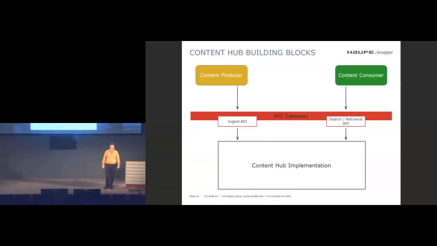So, given all this background in our strategy, we said, okay, we need a content hub. From the 10,000 meter view, what do we have? There's always a content producer. There's always a content consumer. Otherwise, it's pointless. Somewhere is an implementation. And then we will put a gateway in between that acts more or less as a proxy.